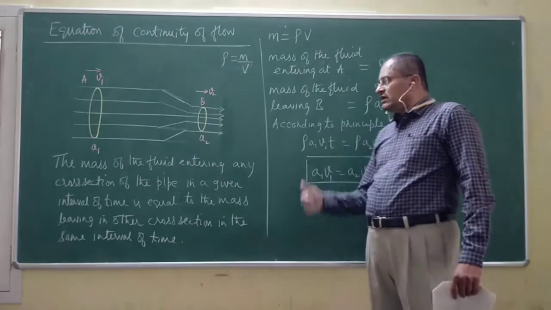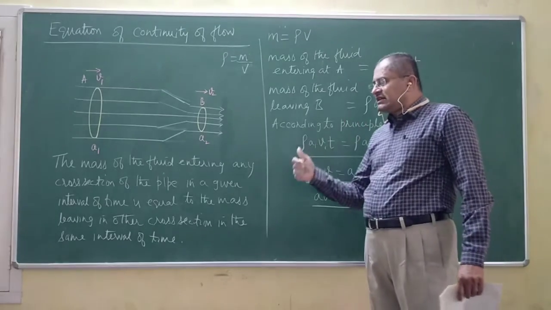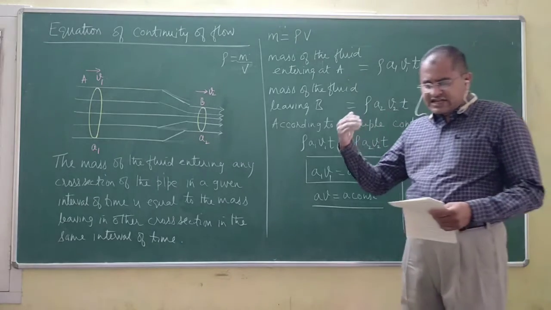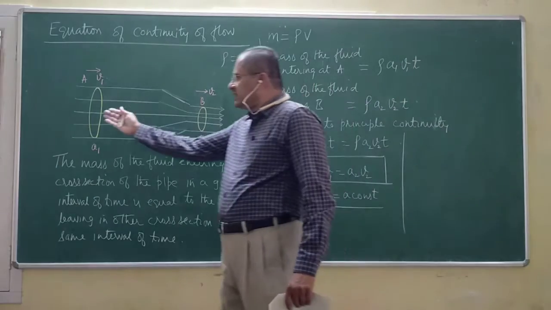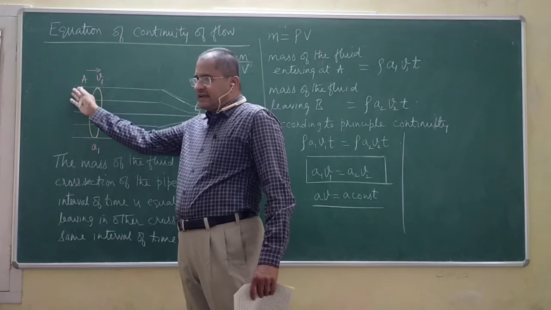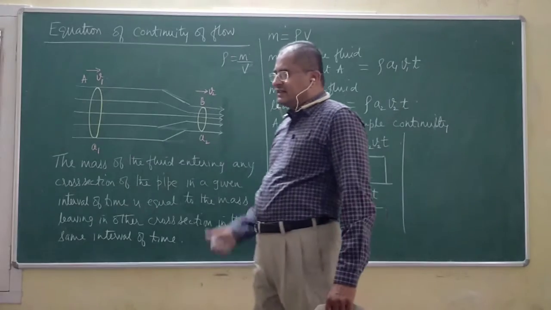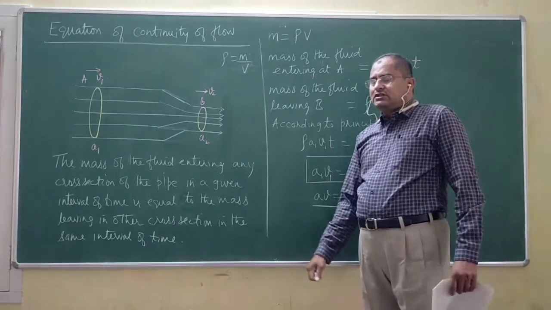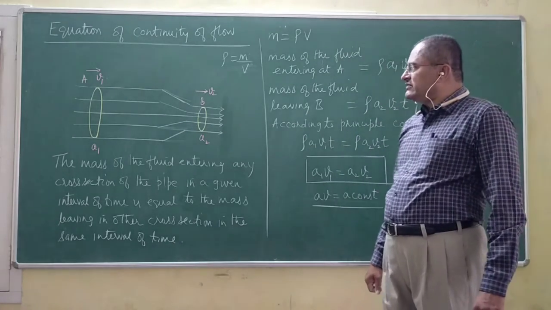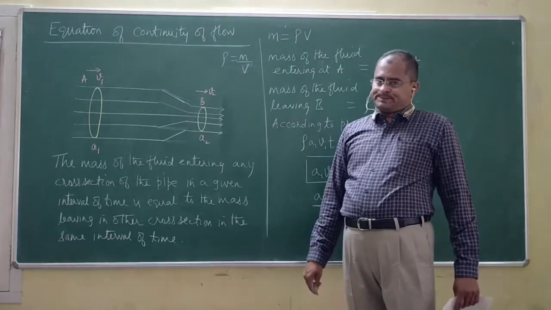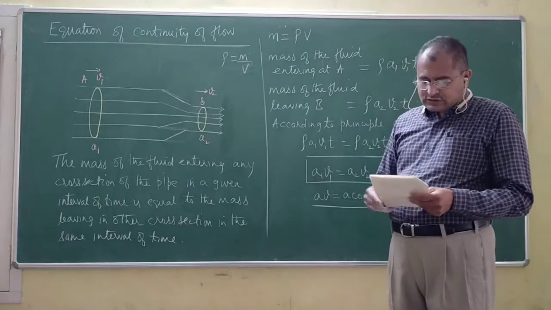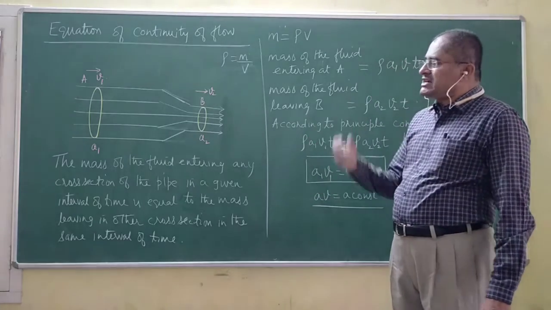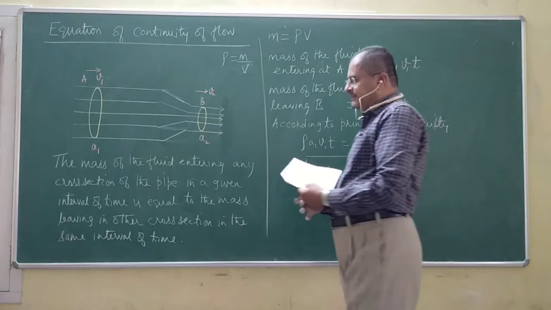Number 2, a particle of the fluid entering A with a velocity V1 is accelerated in the forward direction to acquire greater velocity V2 at B. These are the two inferences we make out from the equation of continuity.